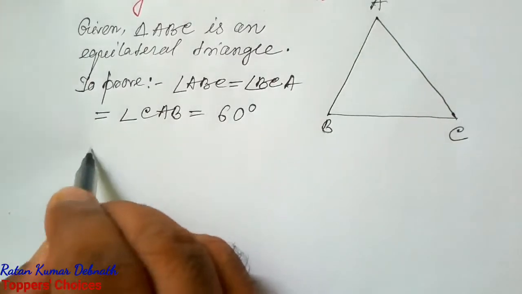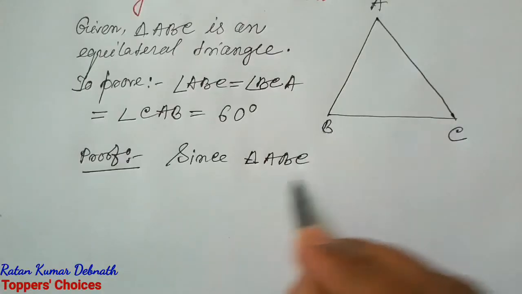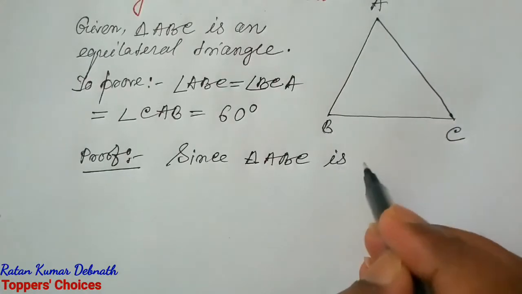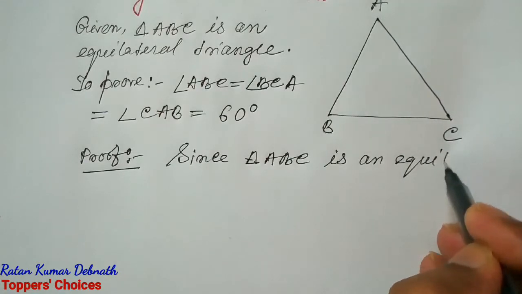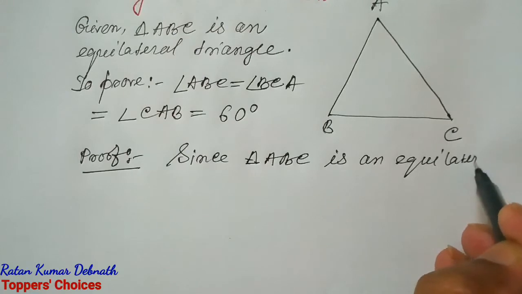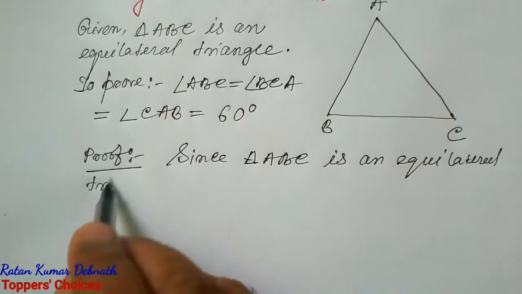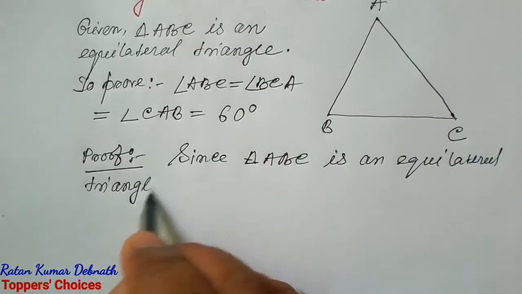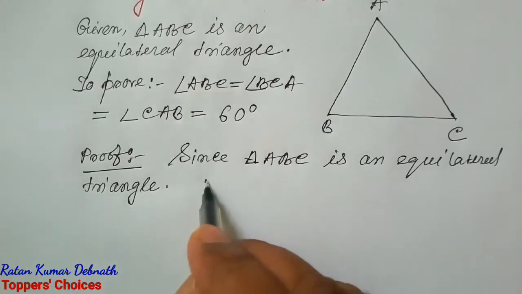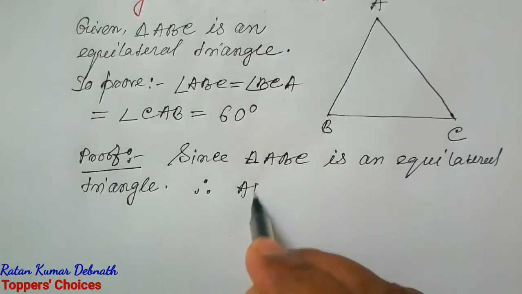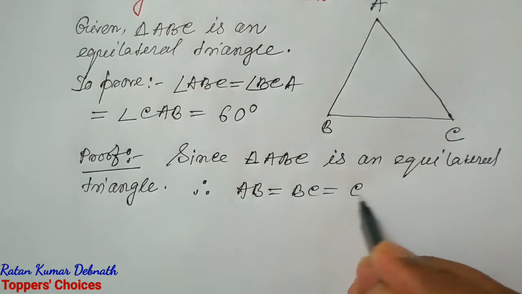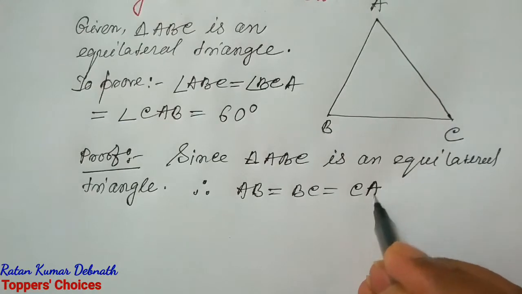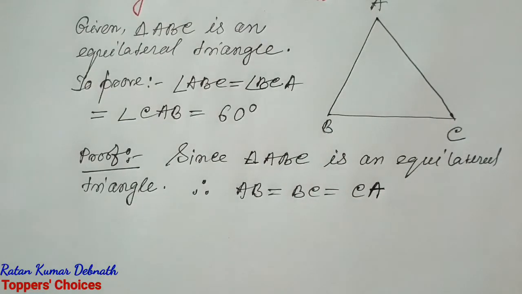Proof: since triangle ABC is an equilateral triangle, therefore AB equals to BC equals to CA, as because all the sides of an equilateral triangle are equal.